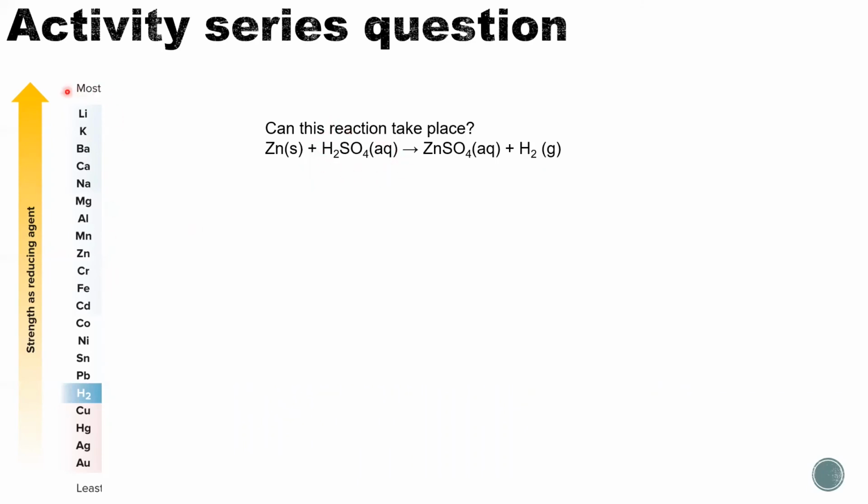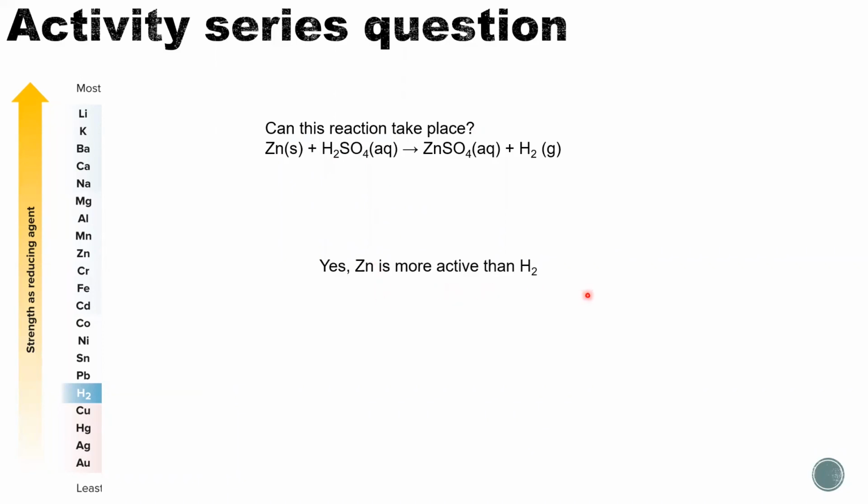You may say, I did not tell you which category zinc is. Does it react with steam, water, or acid? For this one, since acid is already the easiest material that can be used to displace hydrogen, if zinc has higher activity than hydrogen, then it has to be able to displace hydrogen from the acid. So in that case, this reaction can occur because zinc is more active than hydrogen.